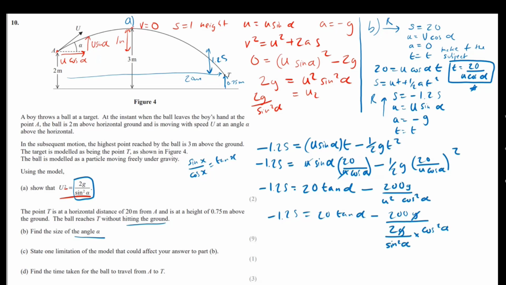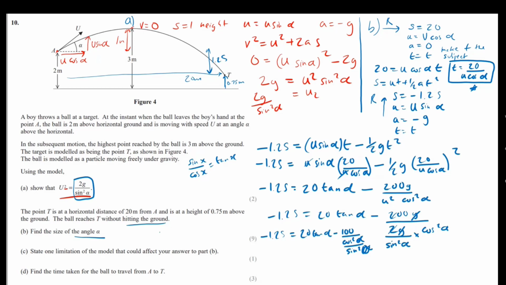Now, if we do cancel the 2's as well, this will become minus 1.25 equals 20 tan alpha minus 100 over cos squared alpha sine squared alpha. Now, when you divide fractions, you should know it's keep, change, flip.